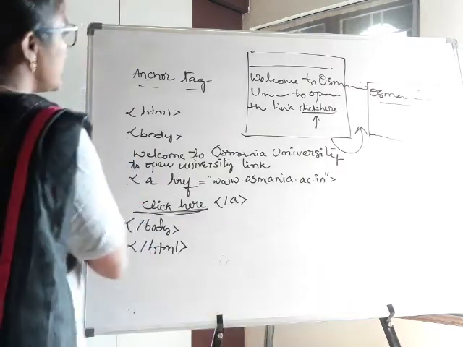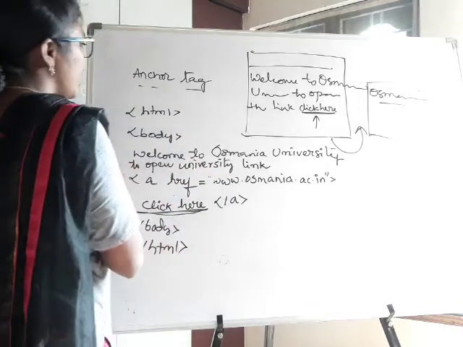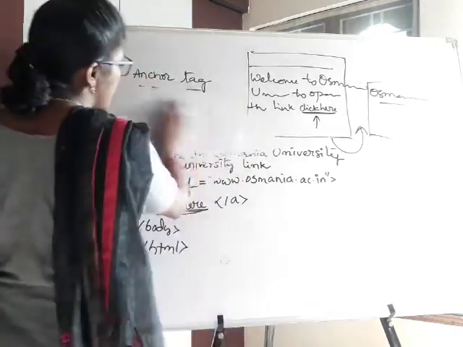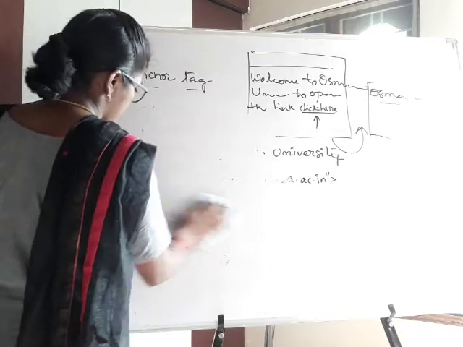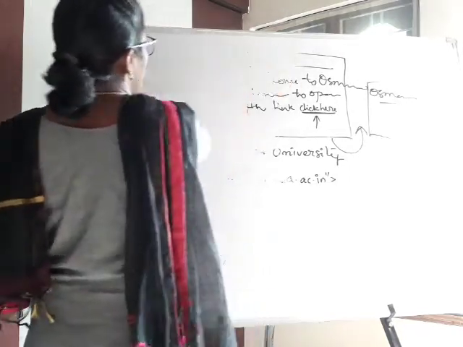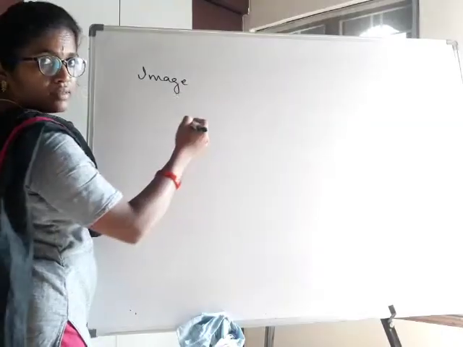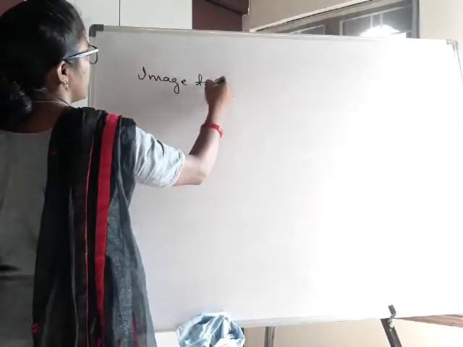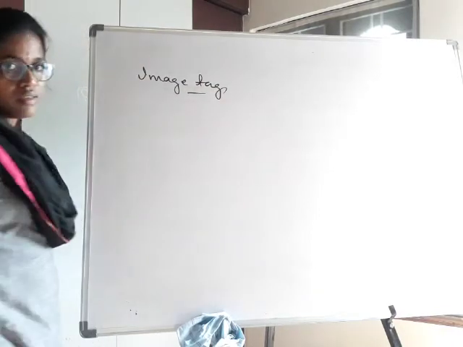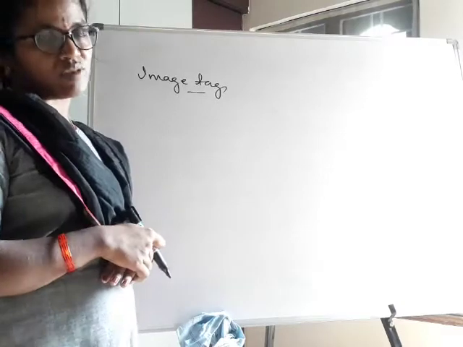Hope it is okay. So let's move on to the next and the last tag for today's video lesson: the image tag. We need to include images in our websites, right?